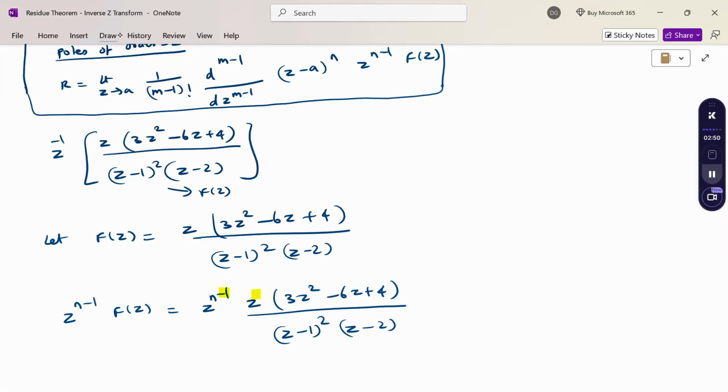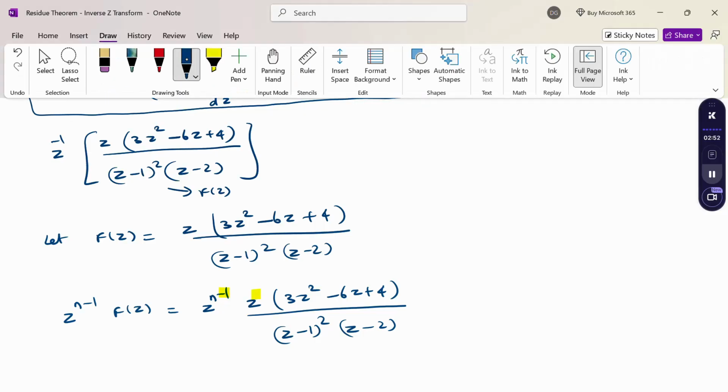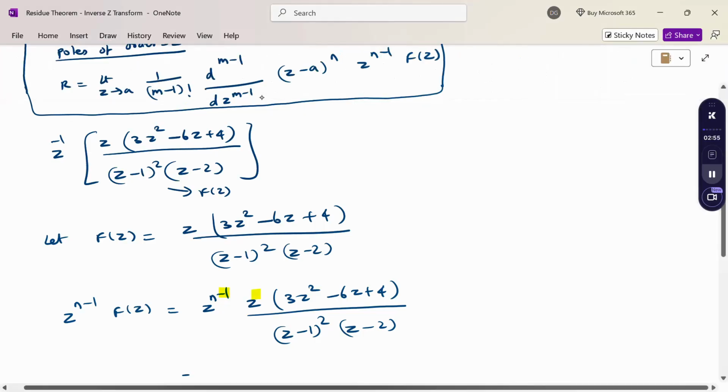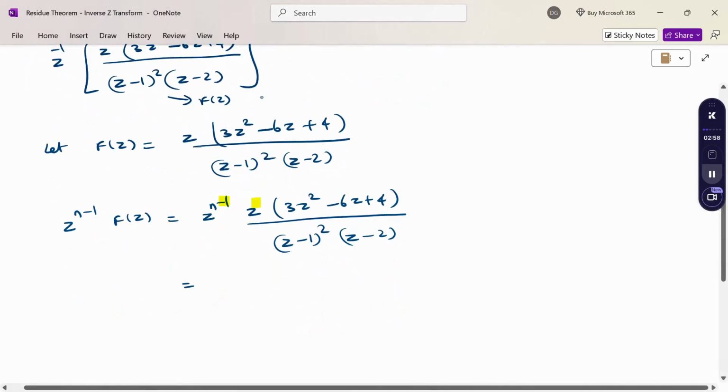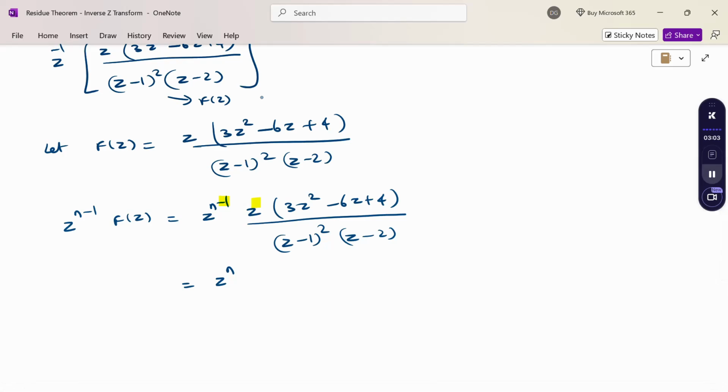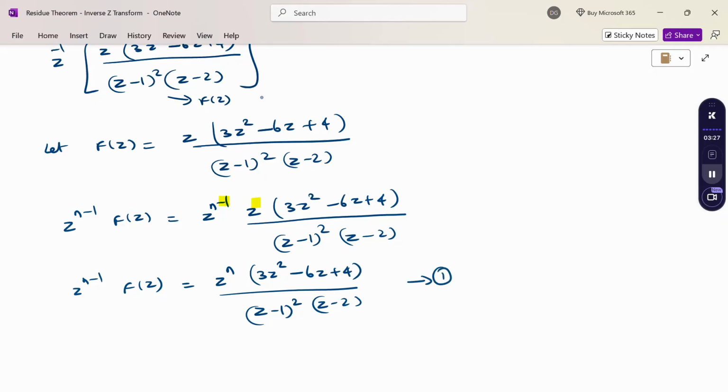When I add these two, the z power is n, because the minus 1 and the plus 1 cancel. So z^n (3z² − 6z + 4) divided by (z − 1)²(z − 2) is z^(n−1) f(z). Now I consider this as equation 1.